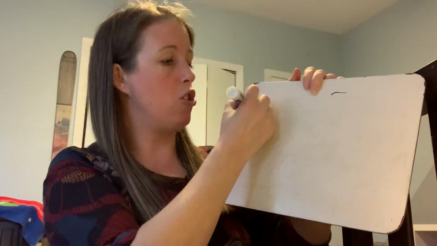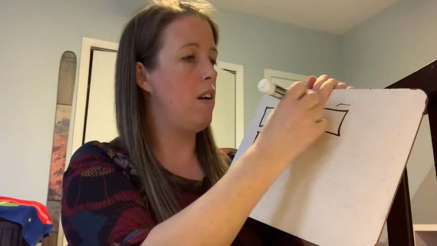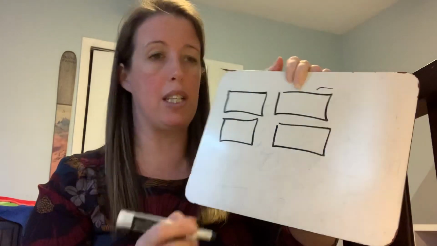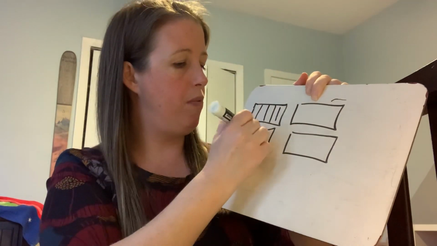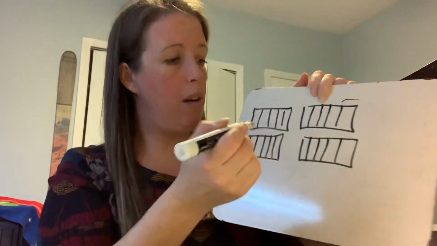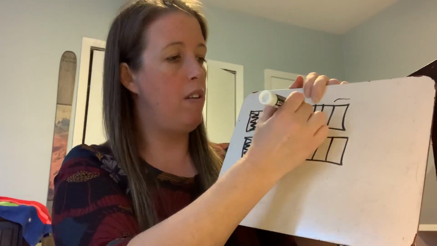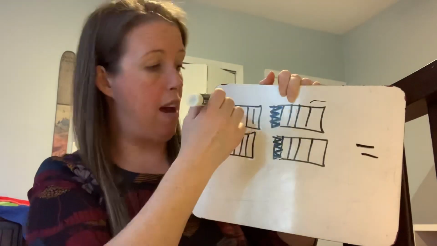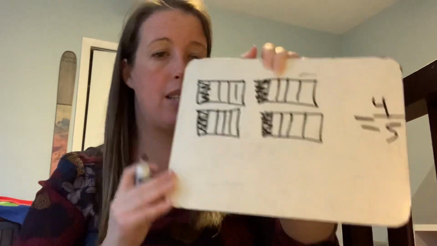If I wanted to do a quick picture, I'll draw maybe little candy bar looking things. I need 4 pieces that are split into fifths. I'm going to shade 1/5 of all of these. And then all together I have 4, and they're the size of fifths.